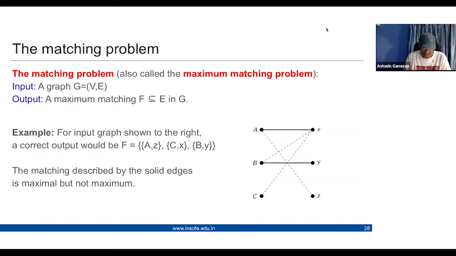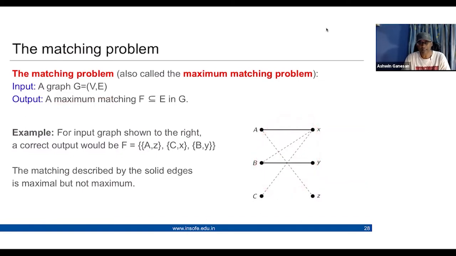So for example, the solid edges, that is a matching because the two solid edges have no endpoints in common. They do form an independent set of edges. However, this is a matching of size 2, and we want to output a matching of largest possible size. Now, what is the largest possible size of a matching in this graph?